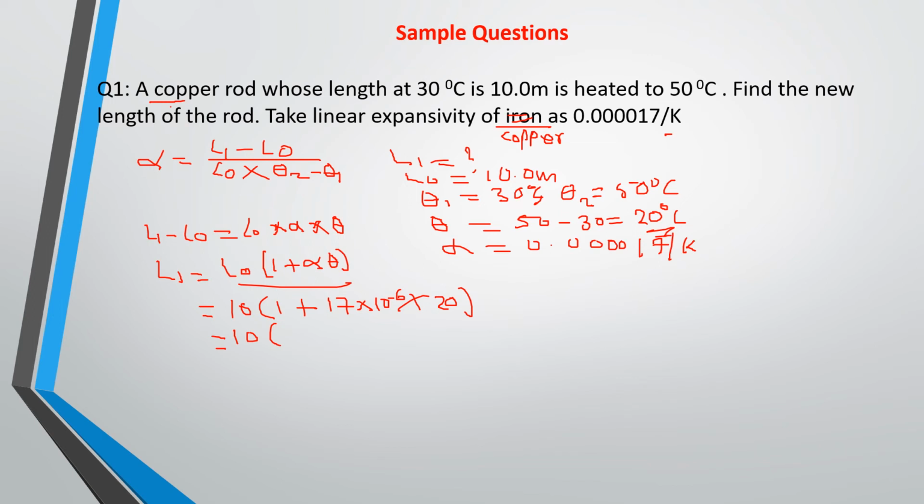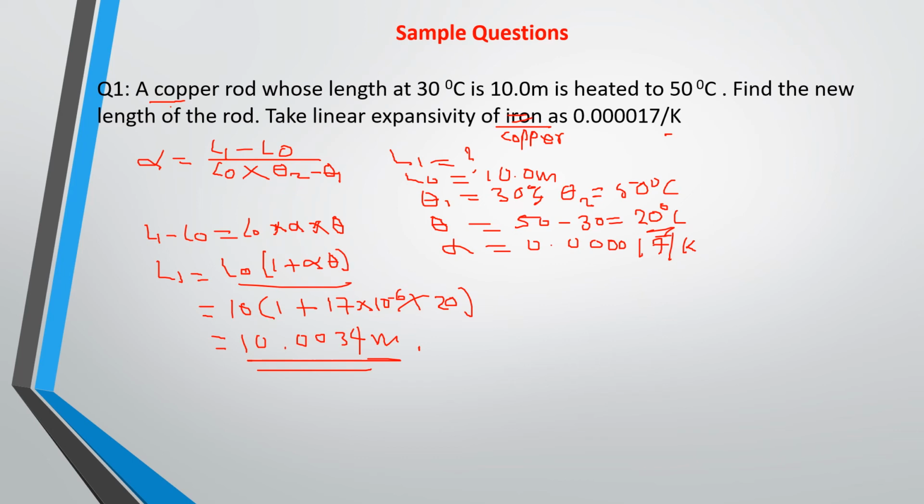When you work this out with your calculator, you're going to have 10.0034 meters as the new length of the copper.